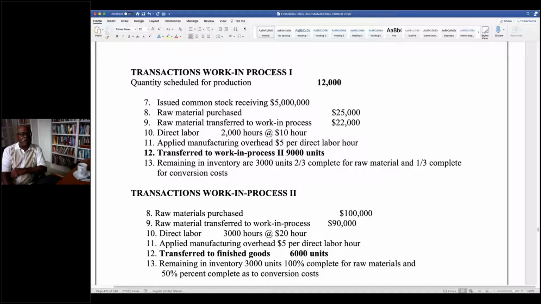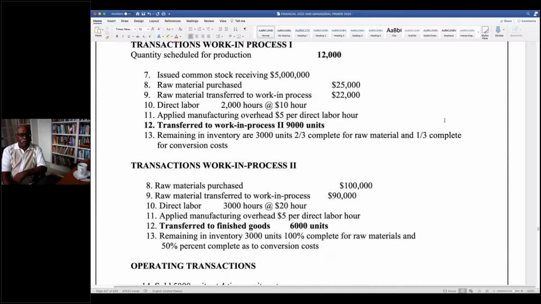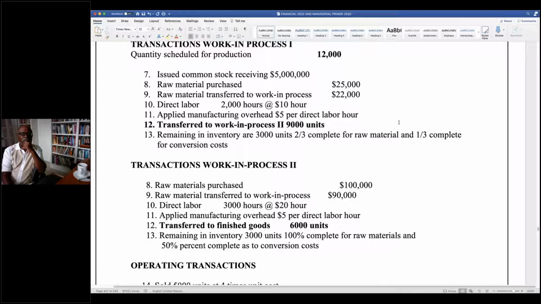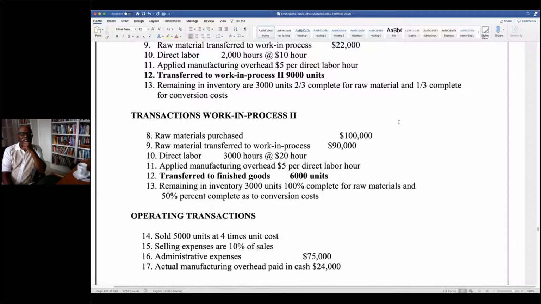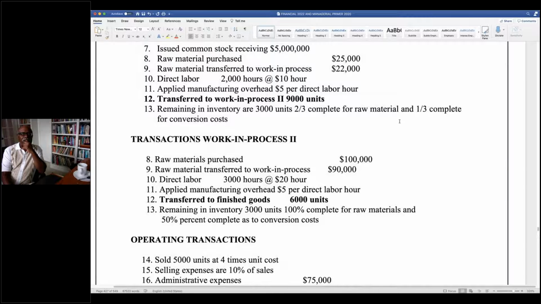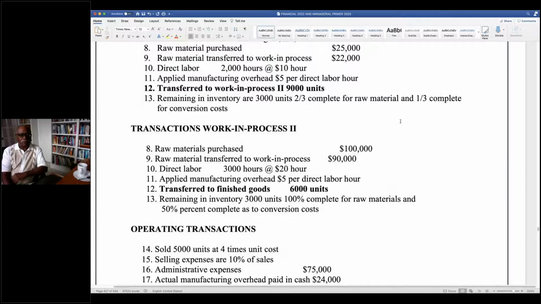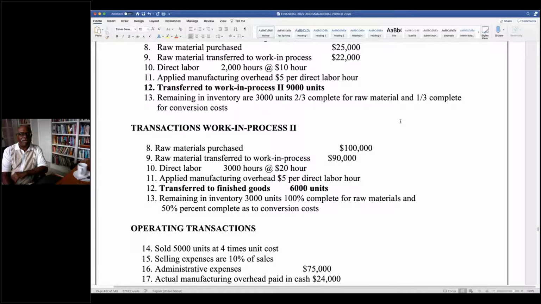All right, Brady. So we said that we would just skip 7 and go directly to 8. So what's going to happen with journal entry 8, Brady? Materials purchase. What you going to do? Bring it down.